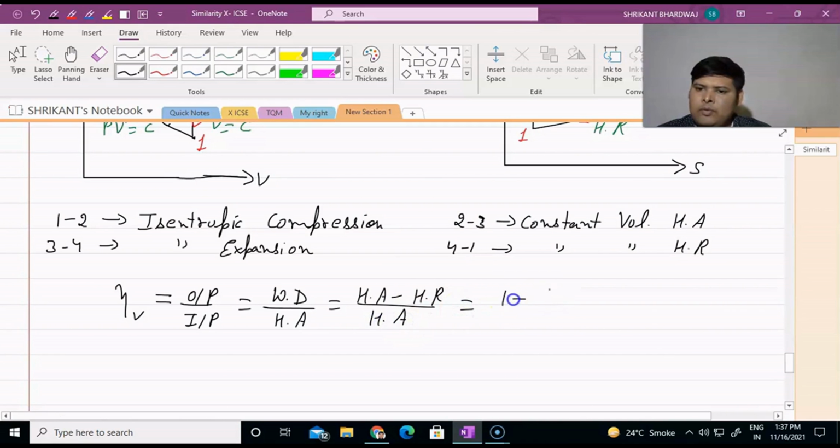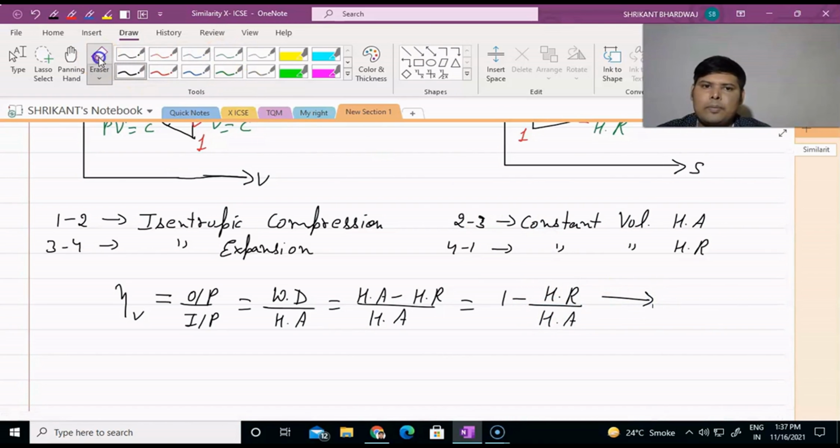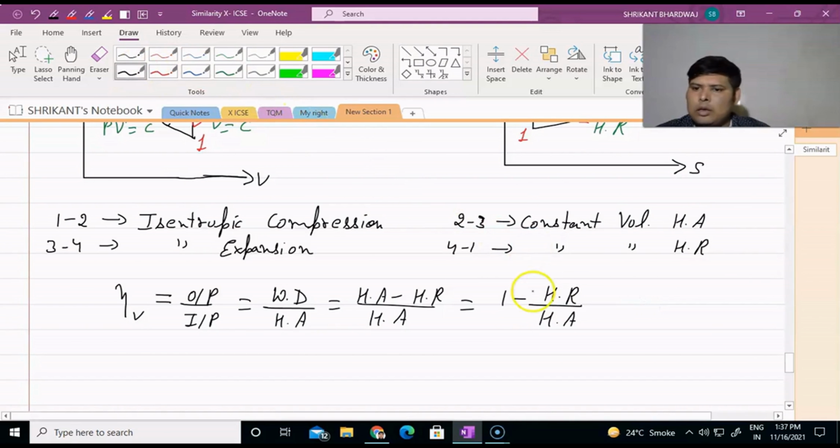And this will be 1 minus heat rejection upon heat addition. And both heat addition and rejection are constant volume processes.